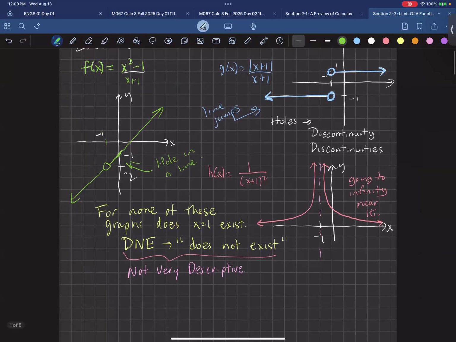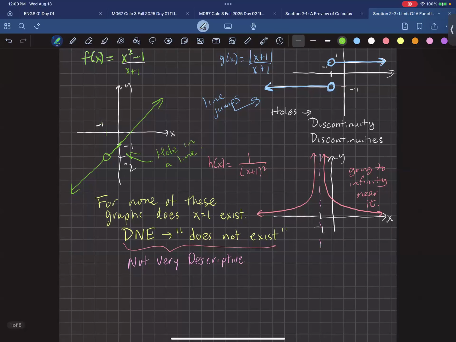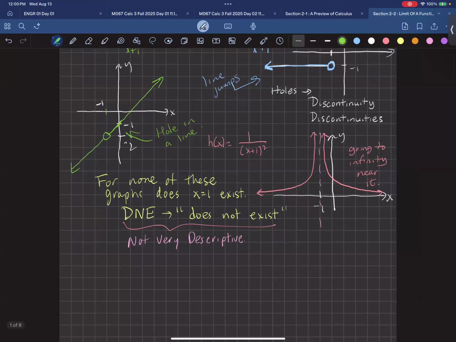So the way we can tell is we could do some tables as we get near it. And as we did yesterday, or as we did in the getting ready section, for f of x equals x squared minus 1 over x plus 1, we can do a little table of values, x, f of x, and we can't do -1. -1 doesn't work.